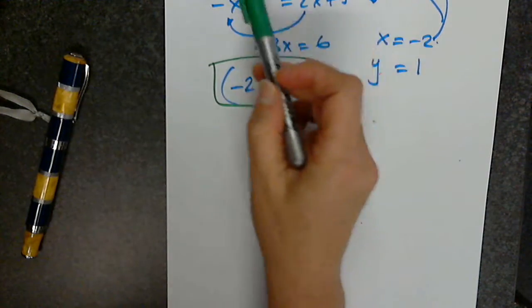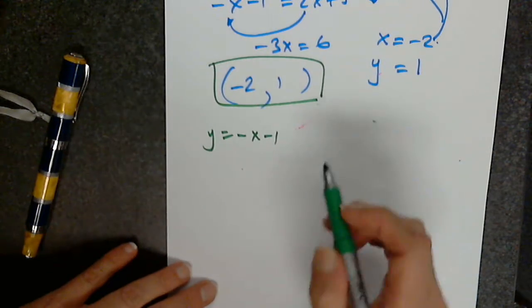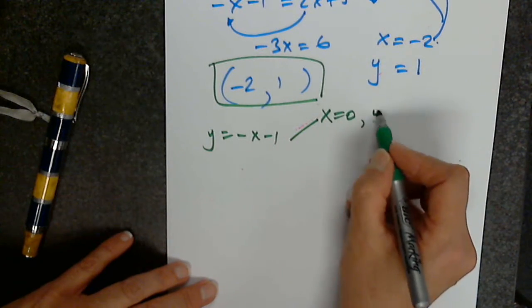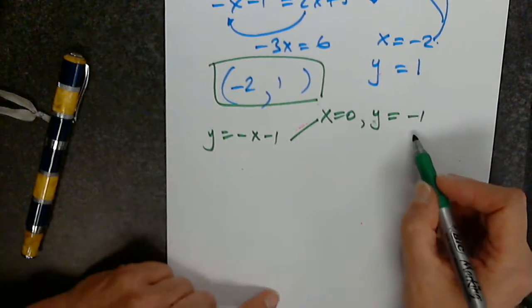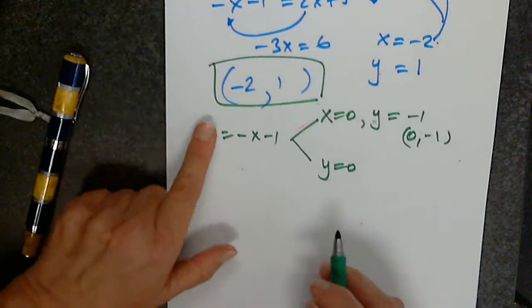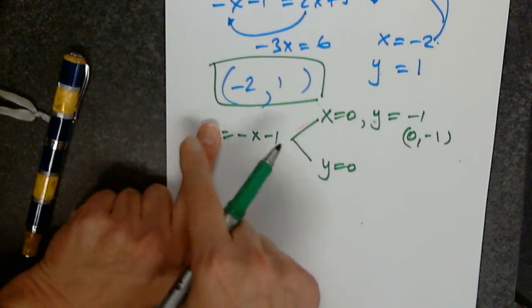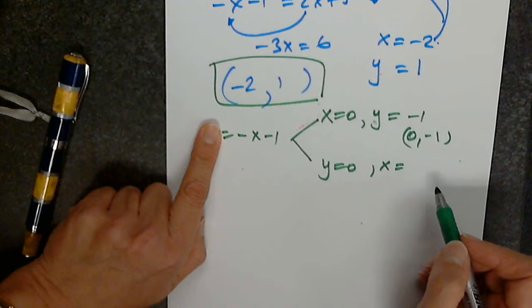So I will be graphing the first line, which is y equals negative x minus 1. When x is 0, how much is y? So 0, negative 1. When y is 0, you have to move negative x to the other side. How much is x?